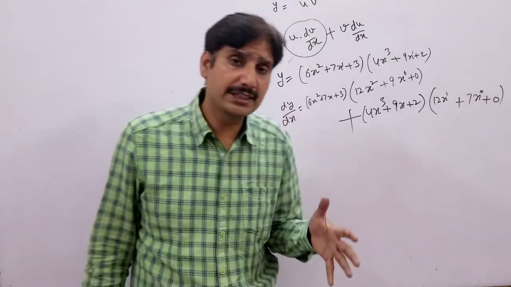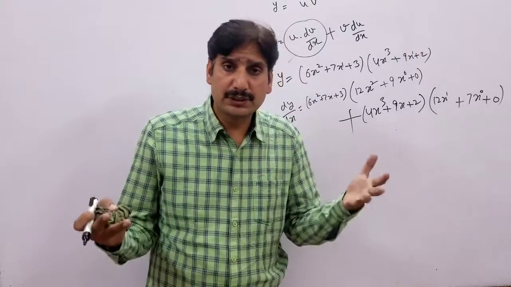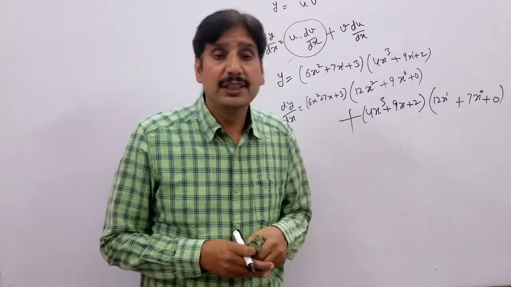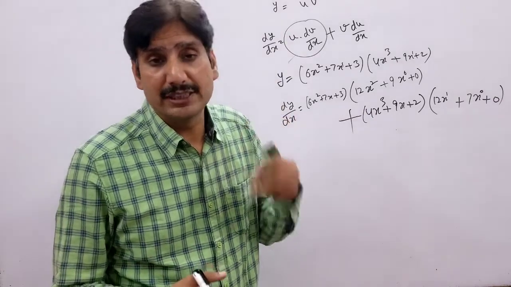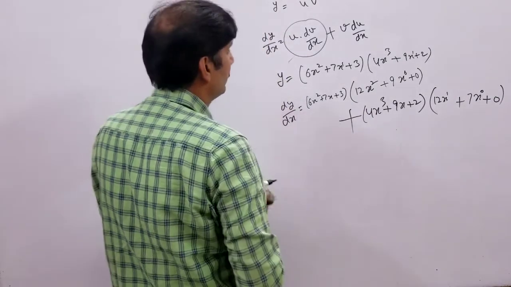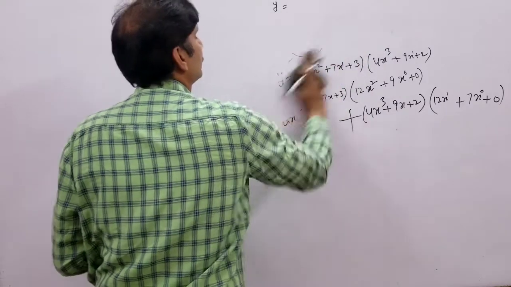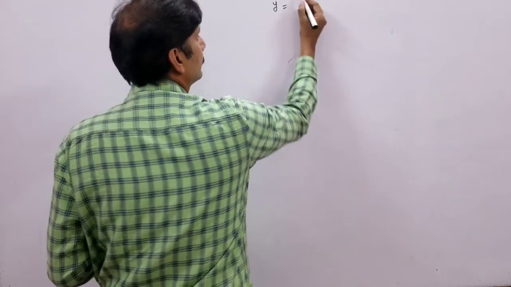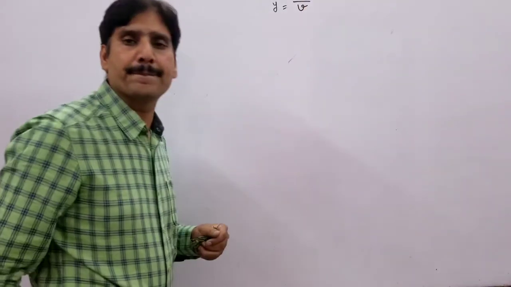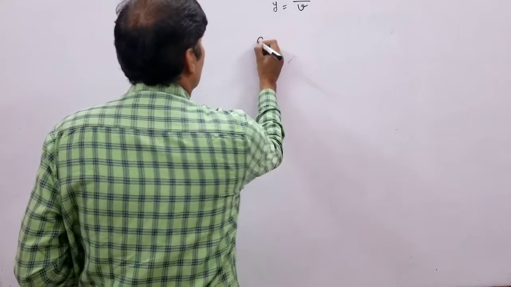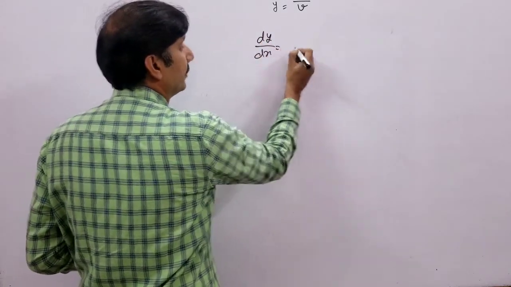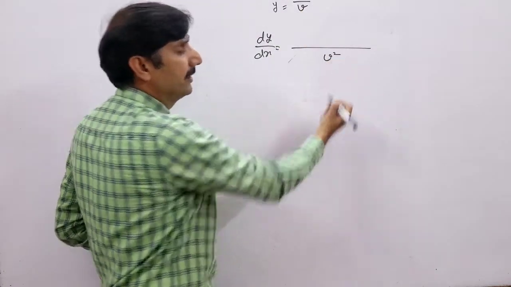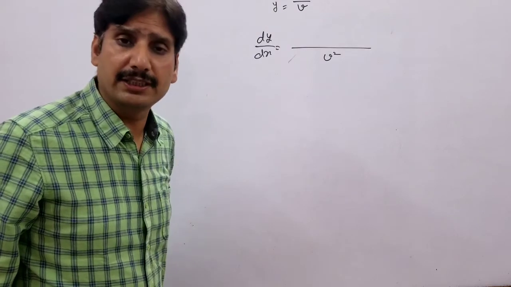So this is the differentiation formula when two functions of x are being multiplied. What will you do if two functions are being divided? The next formula: u over v, dy by dx is equal to, the formula says whatever is in the denominator, write down the square of it in the denominator itself.